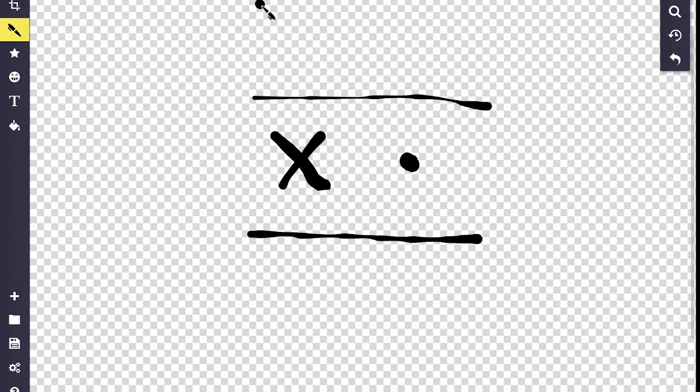So I just take the times symbol and it's like, just put a line through it. Just put a line through it, everybody. Isn't it obvious?